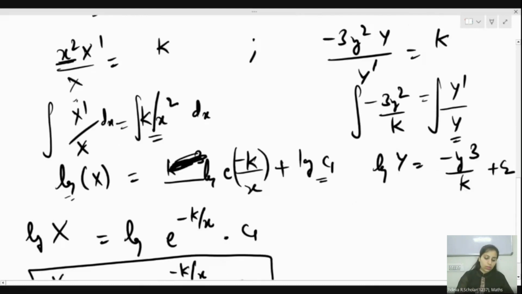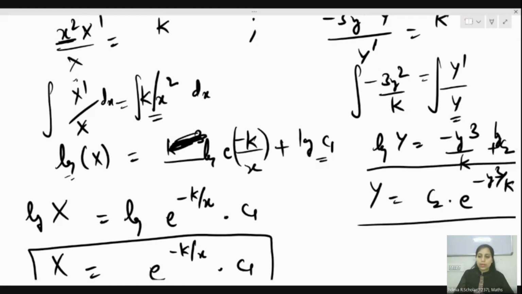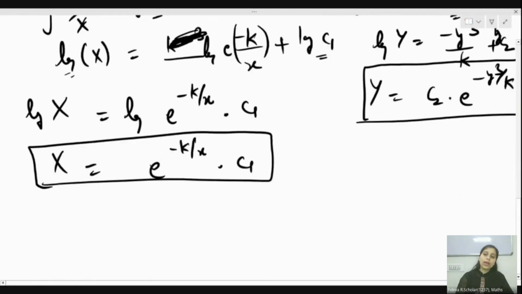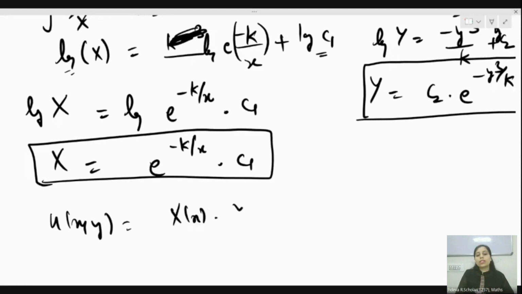Another constant c2 or log c2. In a similar manner, Y is equal to c2 into e raised to power minus y³ upon k, similar to what we found for x. So now we have the solution for X also, for Y also. We know that u(x,y) is equal to X(x) into Y(y).